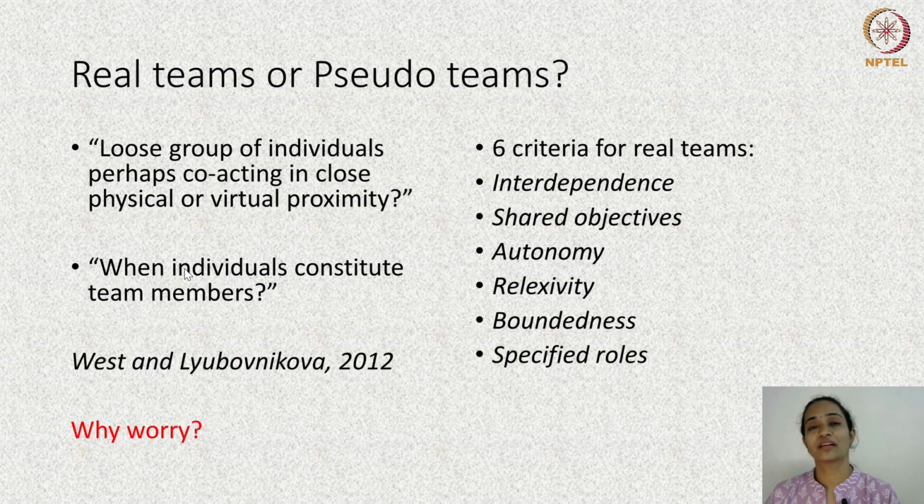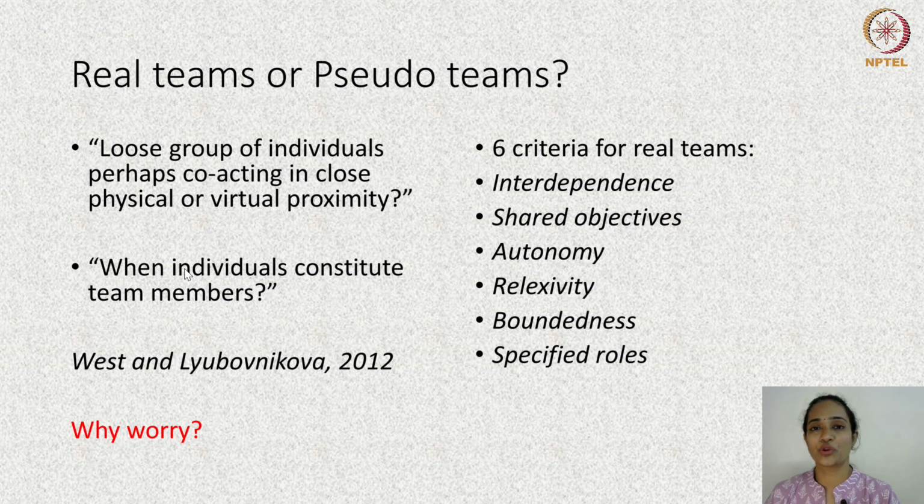Having seen the framework on which we will be structuring the rest of the lectures, let us look at one of the questions which are bothering both researchers as well as practitioners in teams research today. That is, what is a real team?